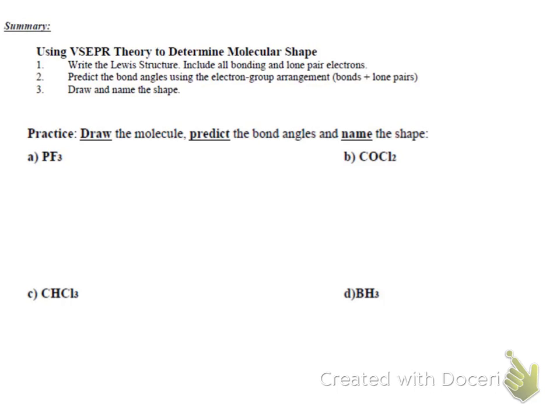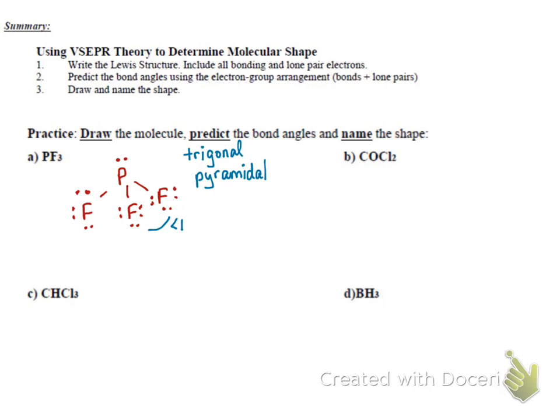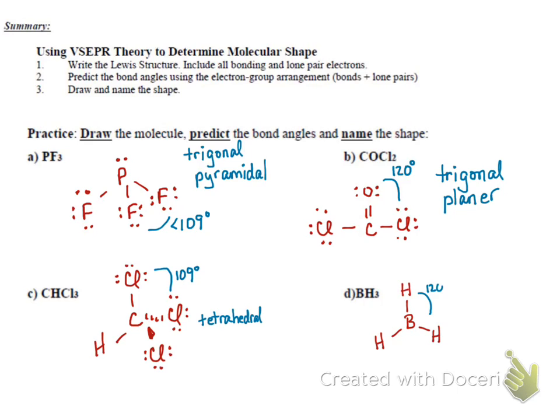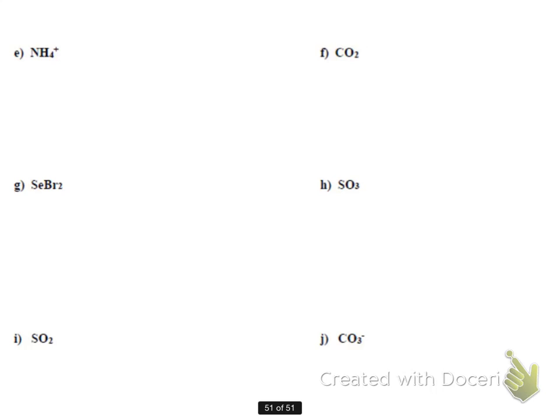And then when you're done, turn it back on and check your answers. Okay, check your answers when you're finished. I've labeled the bond angles, so check those too, and move on to the next problems. The last 6, again, stop and work out the problems on your own before checking.